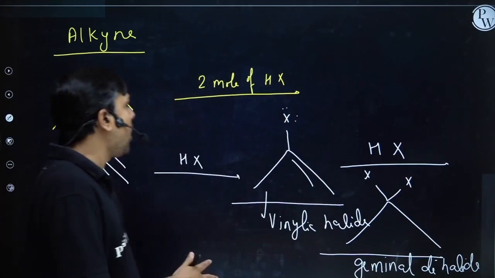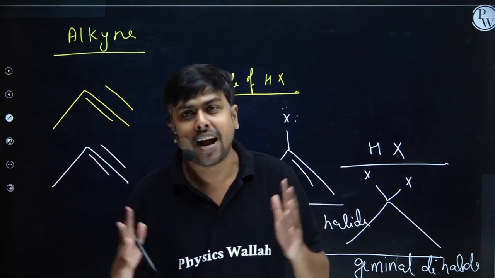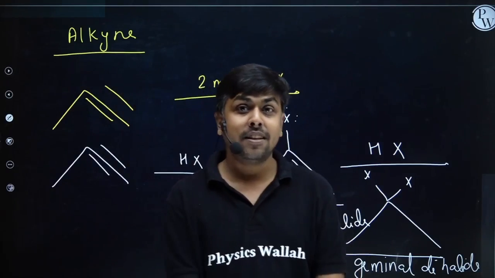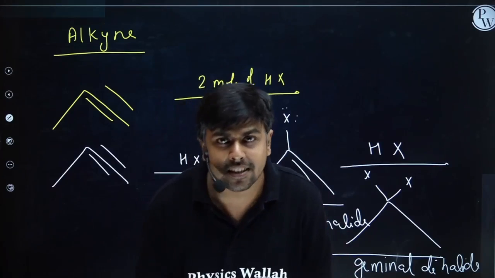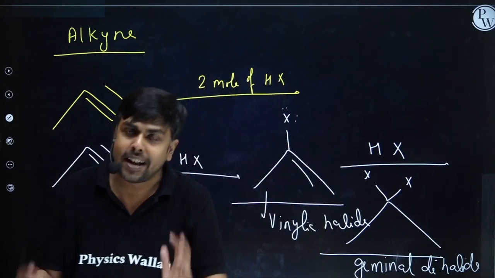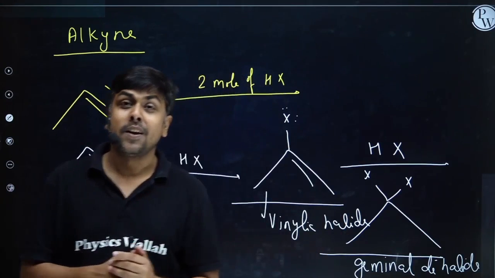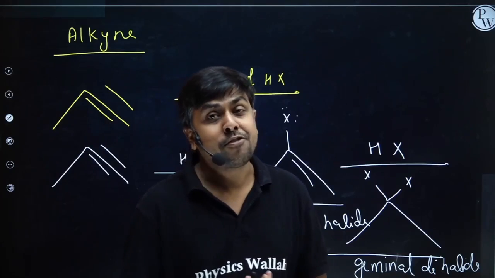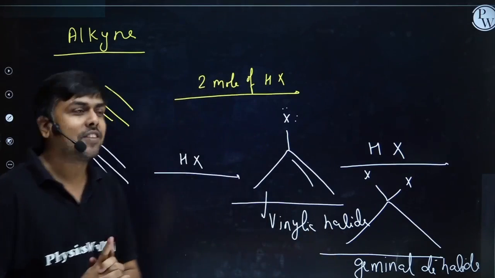Student, this is how we synthesize alkyl halides from different hydrocarbons: from alkane via free radical substitution reaction, from alkene mainly via electrophilic addition reaction, from alkyne via electrophilic addition reaction. Am I clear? Student, we can even synthesize alkyl halide from alcohol, and most of the time we do this reaction only.